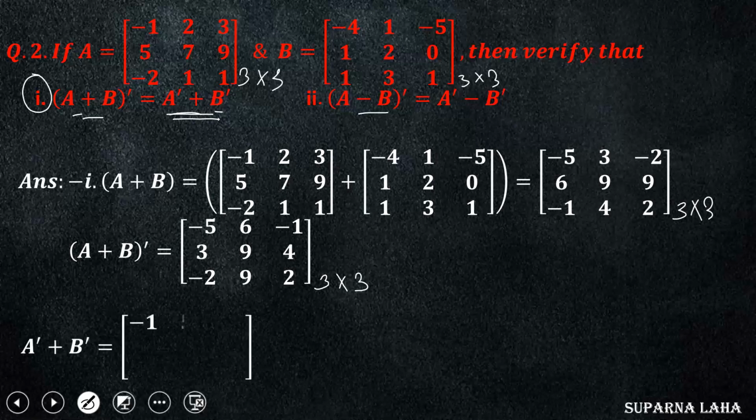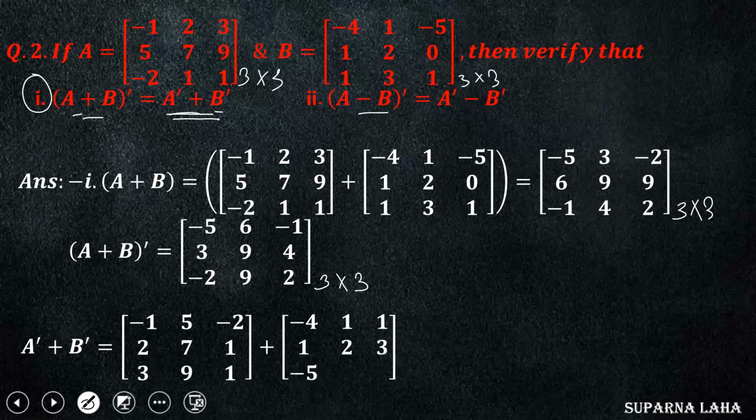Firstly, take the transpose of A, just interchange the rows into columns. That is -1, 5, -2, 2, 7, 1, 3, 9, 1, plus B transpose: -4, 1, 1, 1, 2, 3, -5, 0, 1.